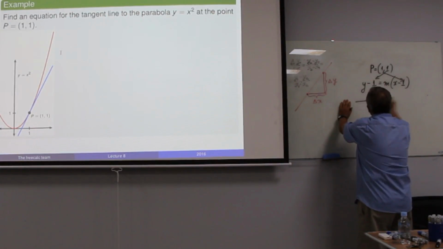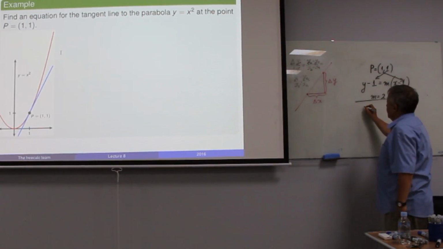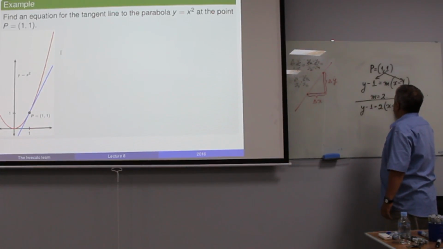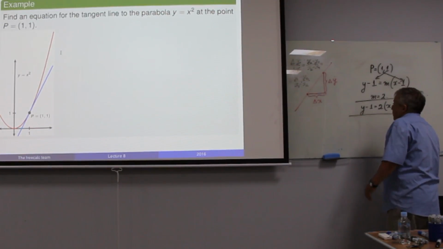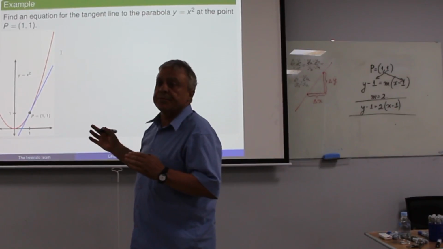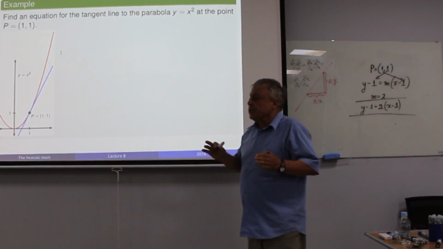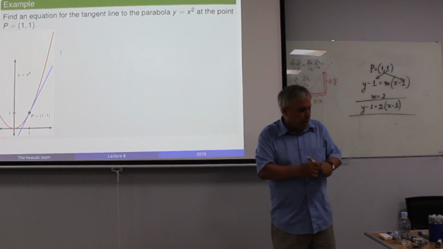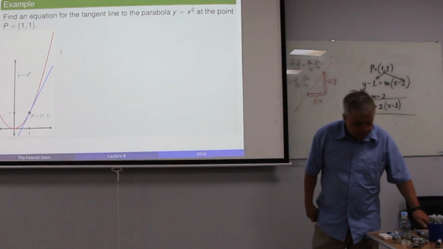So after that we concluded that the tangent line is y minus 1 equals 2 multiplied by x minus 1. But now we want to find the same equation analytically. Analytically, not with a table where we trace some values. We want it now analytically.